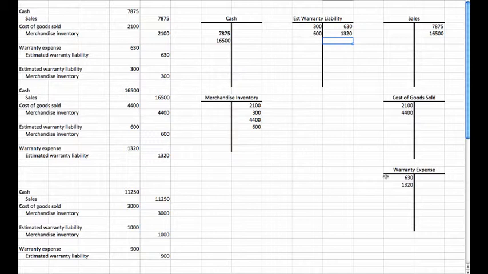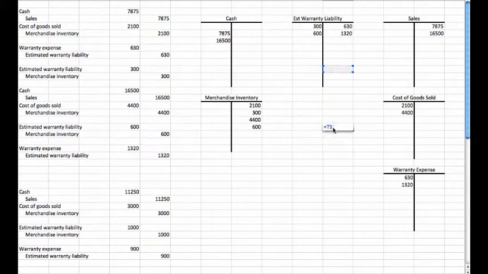Now, let's take a look. So the question in this problem said, what is the amount of the estimated warranty liability at the end of 2007? What you want to do is take your debits and your credits to determine how much you have. Now remember, estimated warranty liability's normal balance is a credit. So I want to add the 1,300, so we'll just do this way.